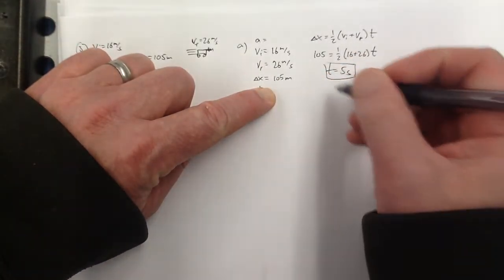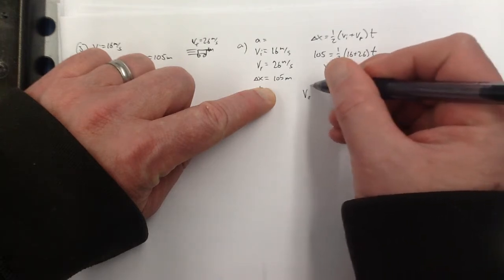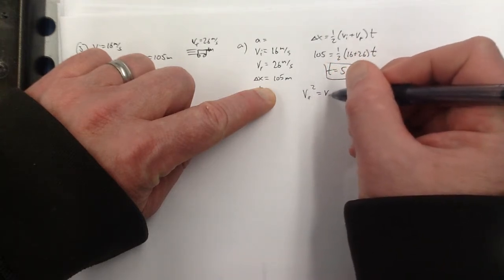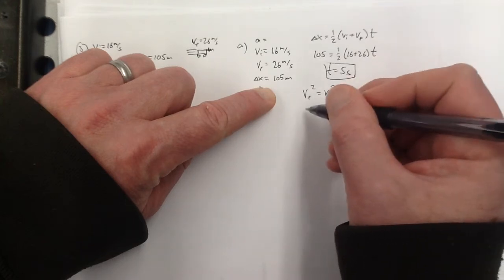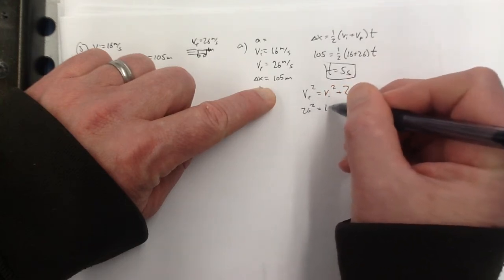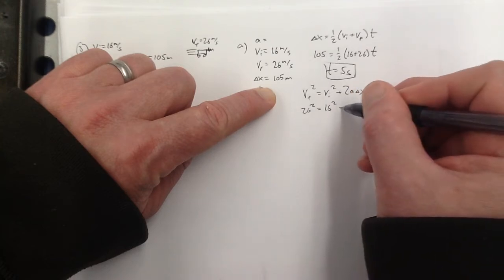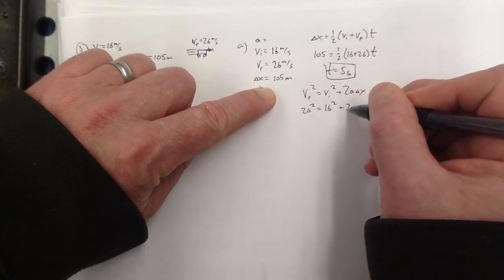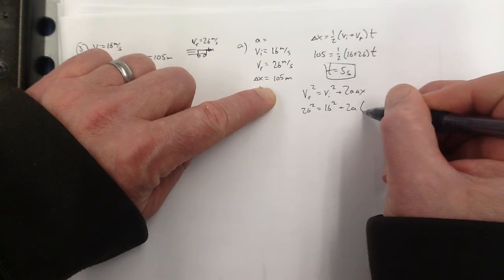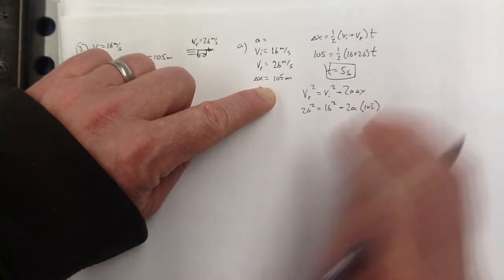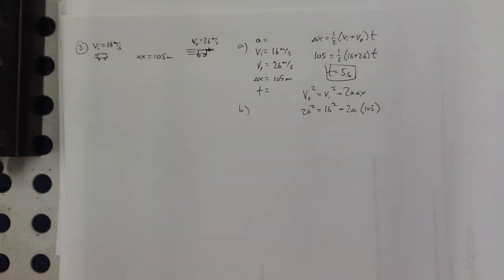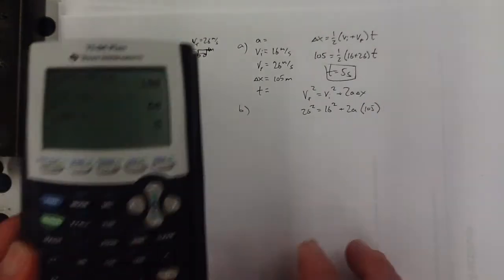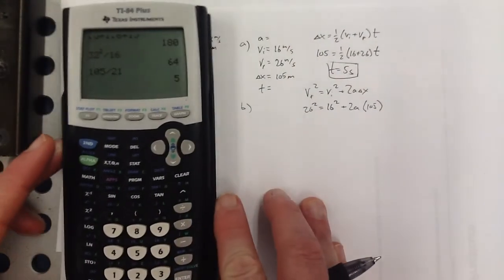So that looks like our VF squared equals VI squared plus 2A delta x. So let's see, 26 squared minus 16 squared. I'm going to show you how I'm going to do this on my calculator.